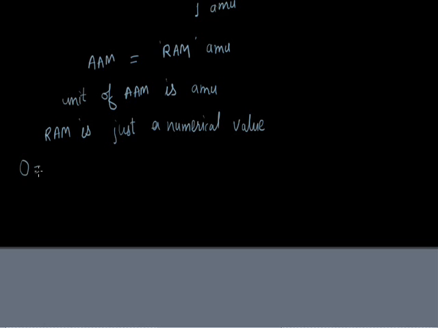If we say the oxygen's mass is 16 amu, it indicates that it is the absolute atomic mass of oxygen.